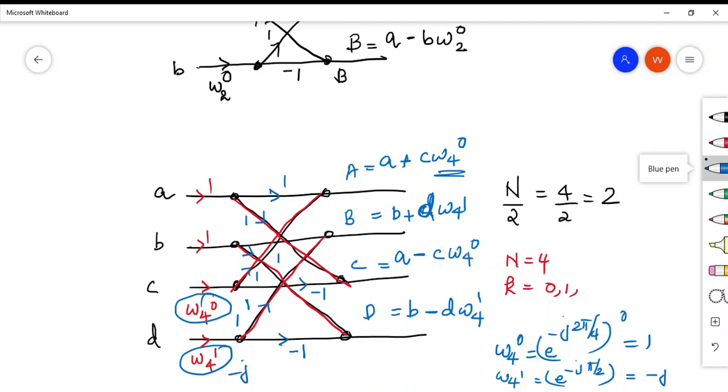So here also in the 2 point also, if you want, you can replace it with the value you are getting. So here it will be 1, here it will be minus j.